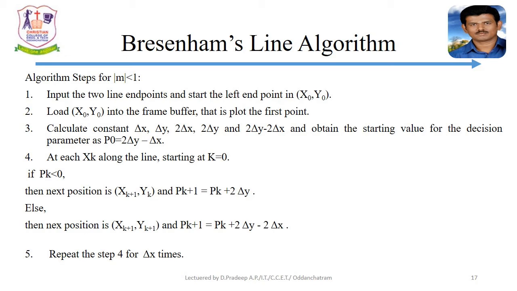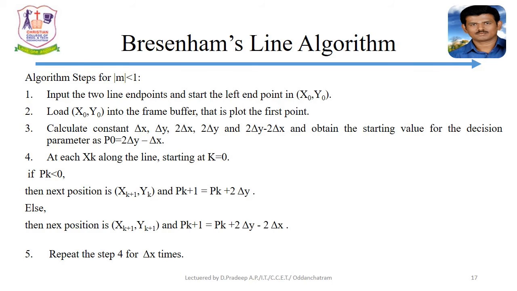In the third step, we have to calculate some constant values: del x, del y, 2 del y, and 2 del y minus 2 del x. Finally we identify the initial decision parameter p0 based on the formula 2 del y minus del x. The fourth step is used to find the next position. This fourth step will be repeatedly executed del x times.